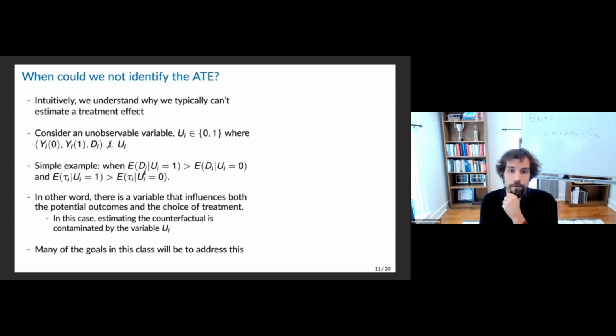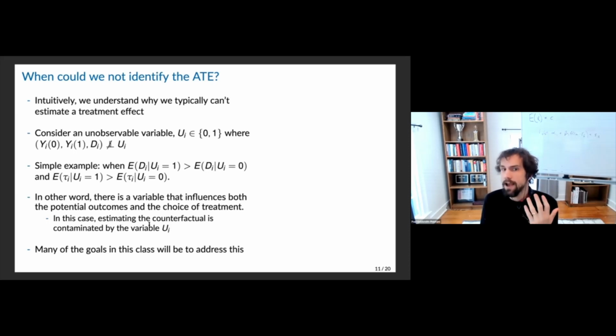Then the person who has UI equal to 1 is more likely to get the treatment, but also more likely to have a higher treatment effect. The person with UI equal to 0 is going to have a lower treatment effect. So this is influencing the treatment assignment and predicting the outcome; it confounds the treatment effect.